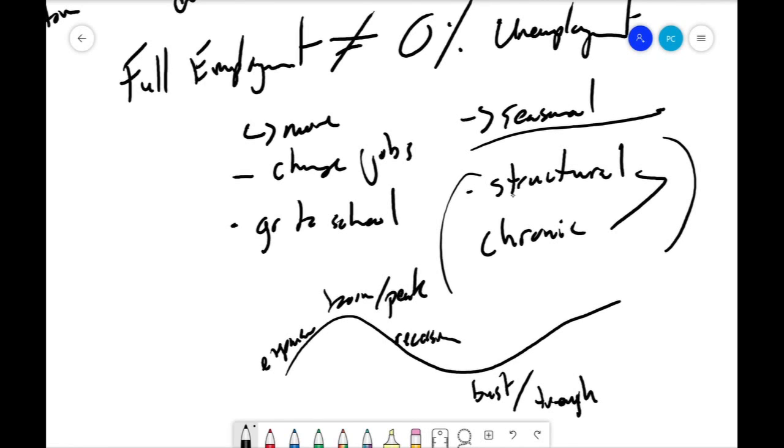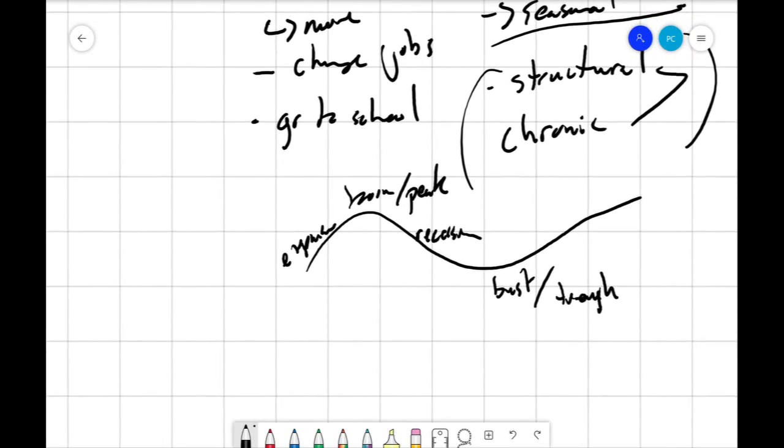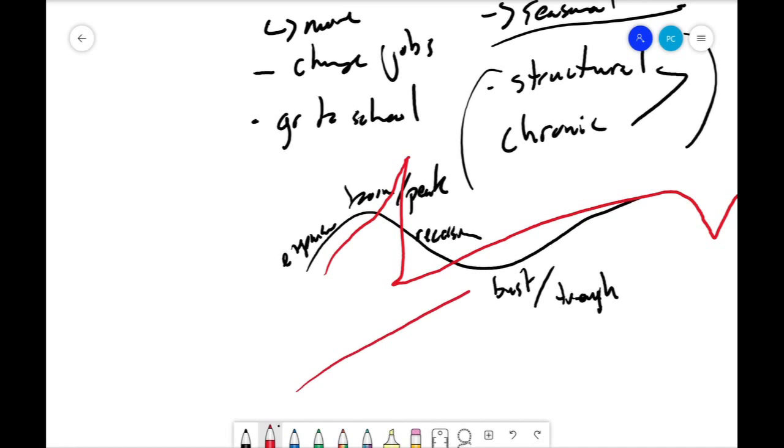This could also be depression, but basically the whole idea here is the economy tracks along this line, right? It goes up, it might go way up here, and then it might crash suddenly, and then it'll come back gradually over time, and it might fall and then go, like, you just don't know, right? So it could do this. There's all sorts of ones.